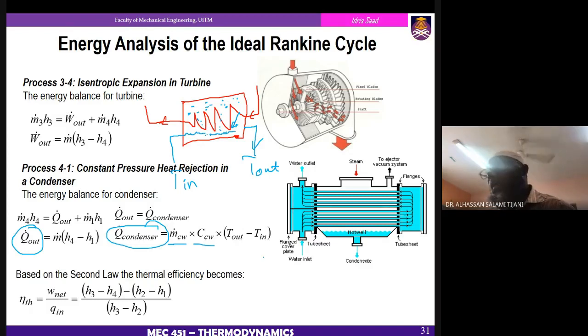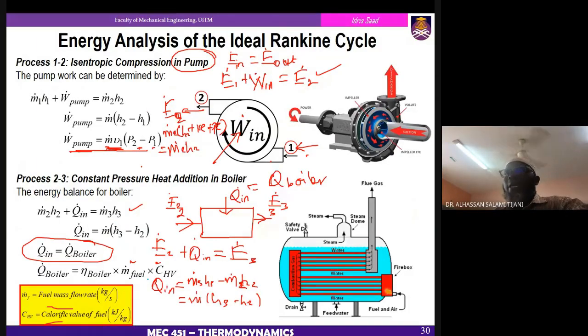So to find the efficiency, we know that efficiency of the system equals W net. What is this W net? The W net is the difference between W out minus the work input to the pump.